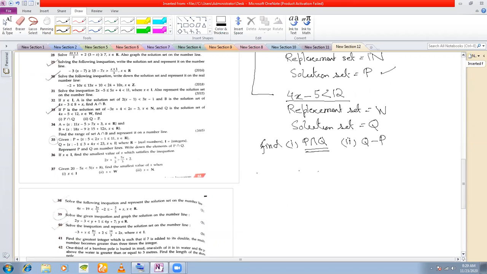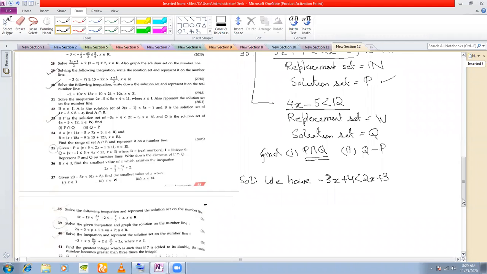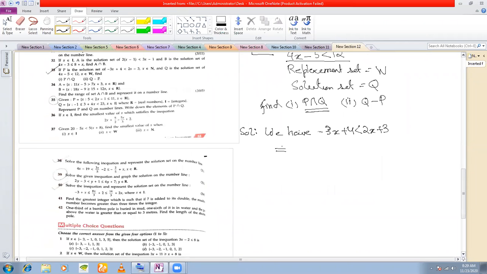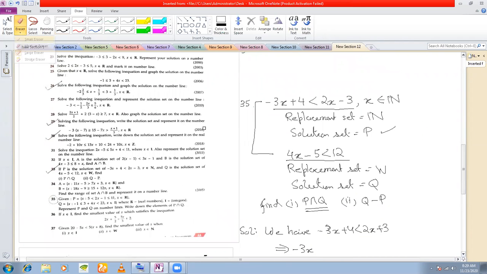So let us find out the solution sets first. We start with the first inequality. We have minus 3x plus 4 less than 2x minus 3.